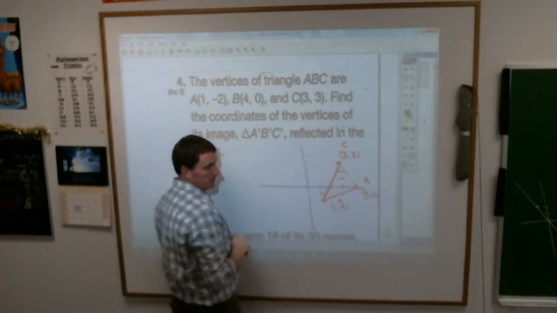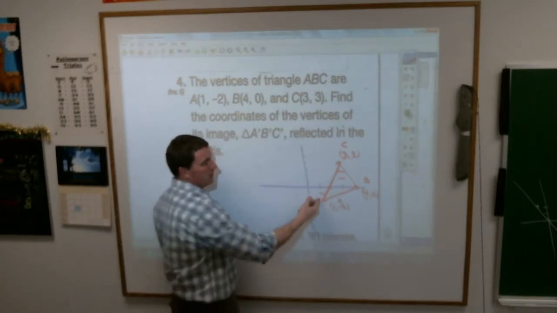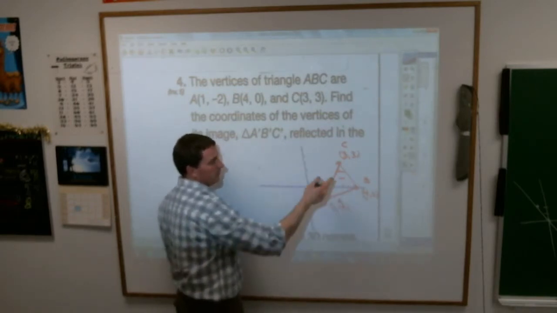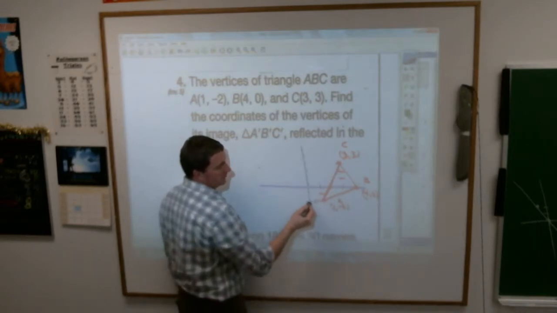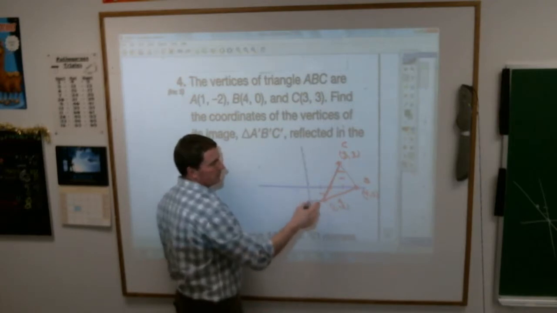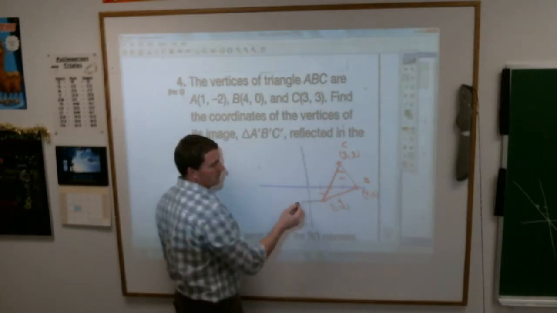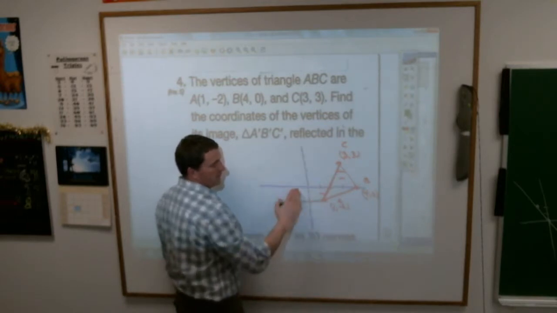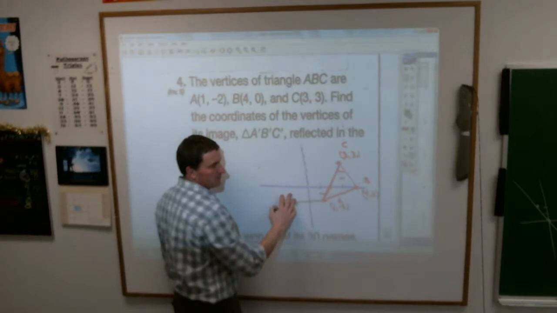All you need to do is draw horizontal lines from your points to the y-axis, like from here to here. That goes to my y-axis. How many units is that? Just 1. So I go that same distance over here and put a point. That's this reflected on that axis.